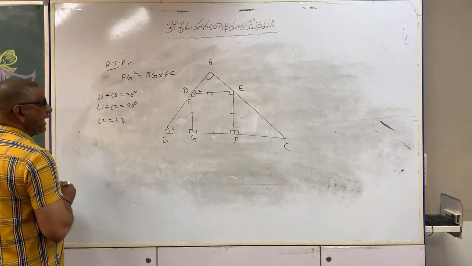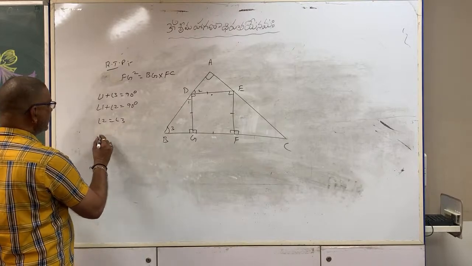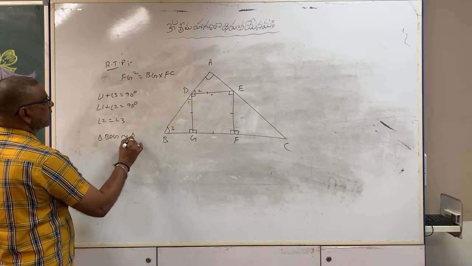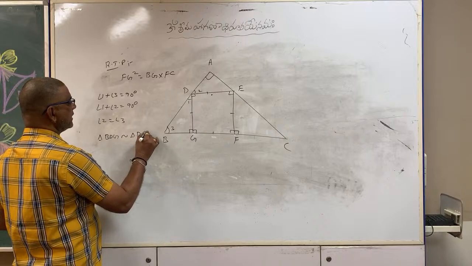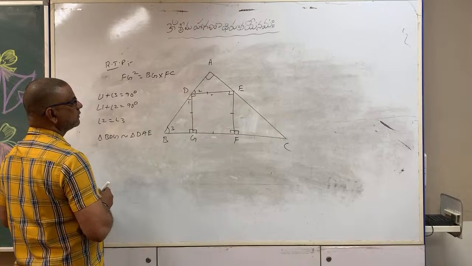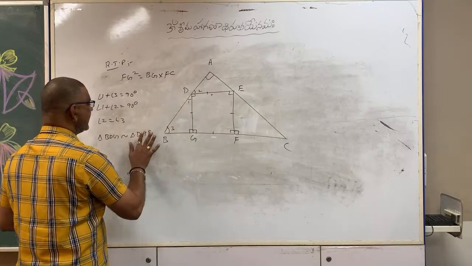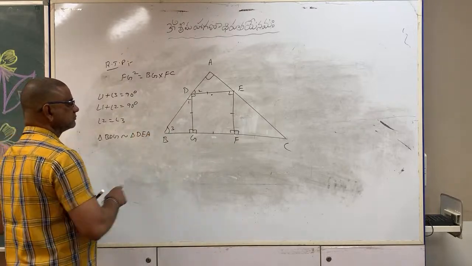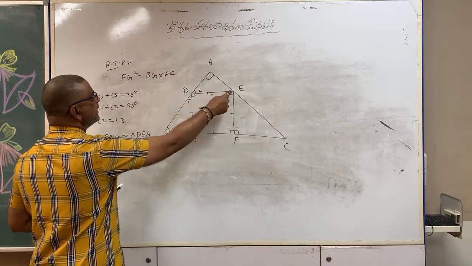Now, triangle BDG is similar to triangle DEA.